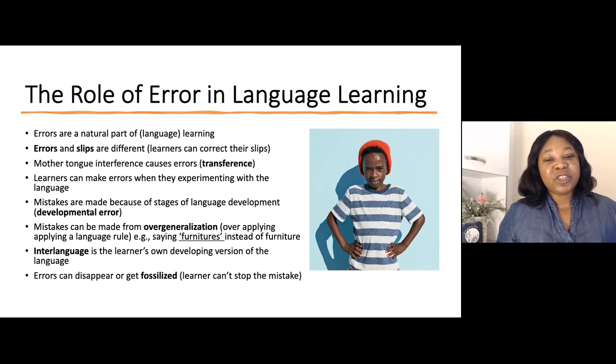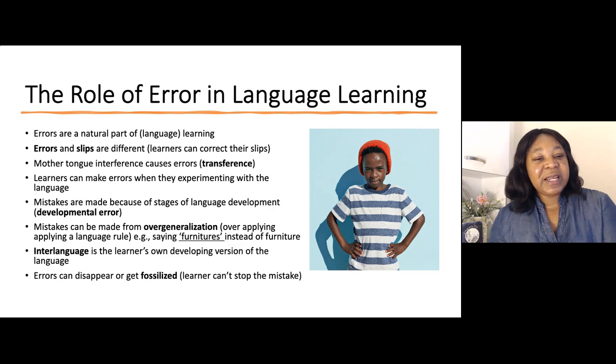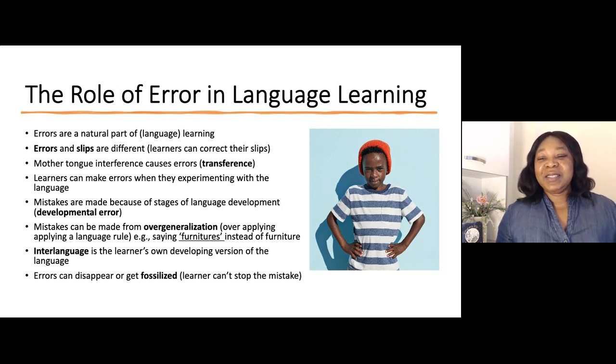Okay, we call that transfer. So you need to understand where the error is coming from so you can know how to correct it. So learners make errors when they're experimenting with the language. It's not as if they are completely wrong, they're just trying it out. It might be above their level, so they make a mistake. So we need to know when this is happening.